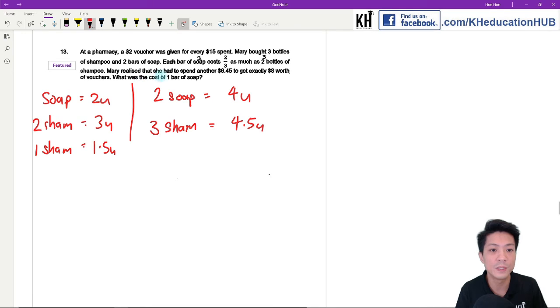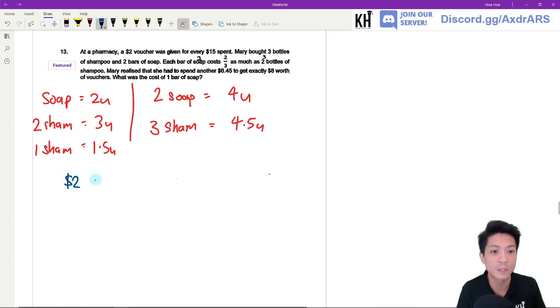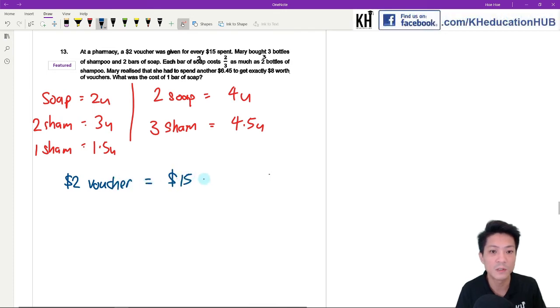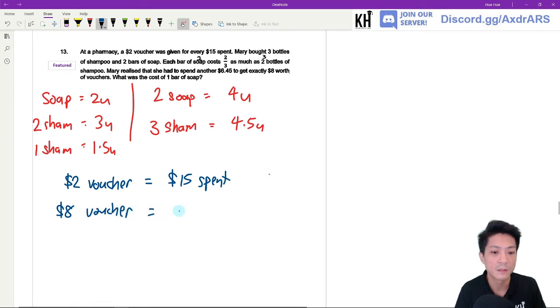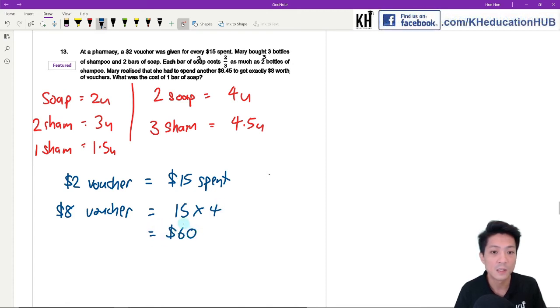Now, okay, she realized that she had to spend another $6.45 to get exactly $8 worth of voucher. So let's try to find out to get $8 worth of voucher, how much does she need to spend? Okay, $2 voucher for $15 spent. So in order to get $8 voucher, okay, you need to spend 15 times 4, which is $60.